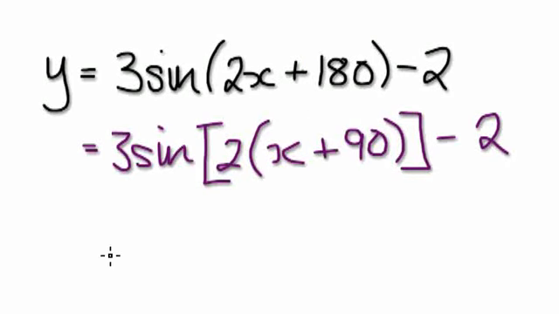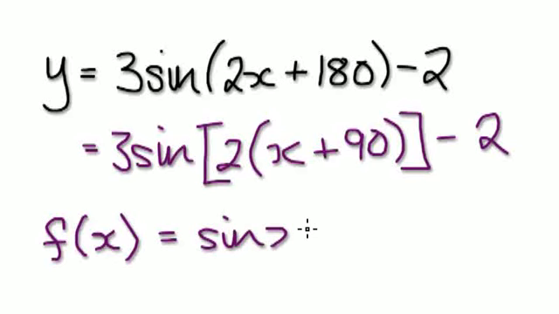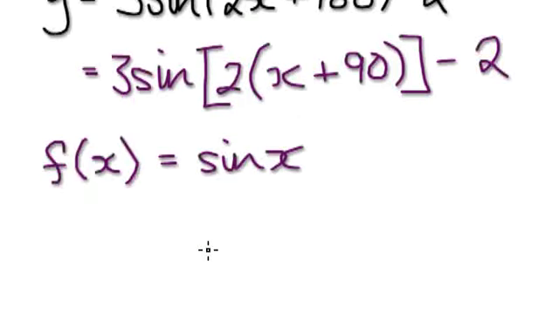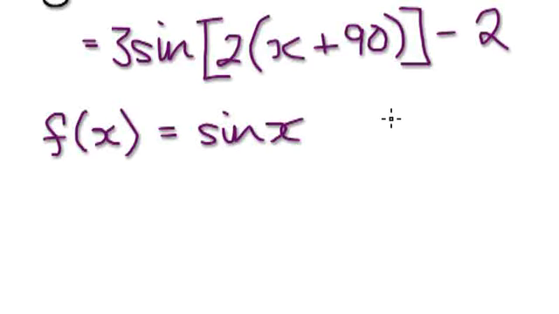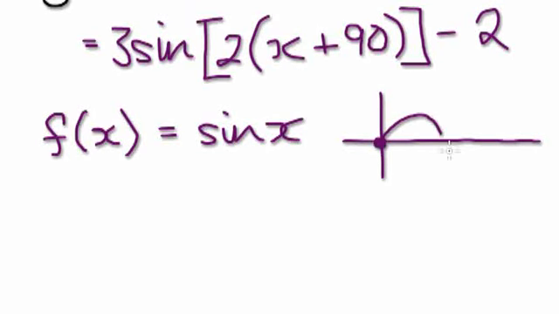So the next step, once it's in this form, we start with our sine of x. Let's say we've got a function f of x equals sine of x. Start out with this function. When you come to sketch this, it will look like this, up to 360.